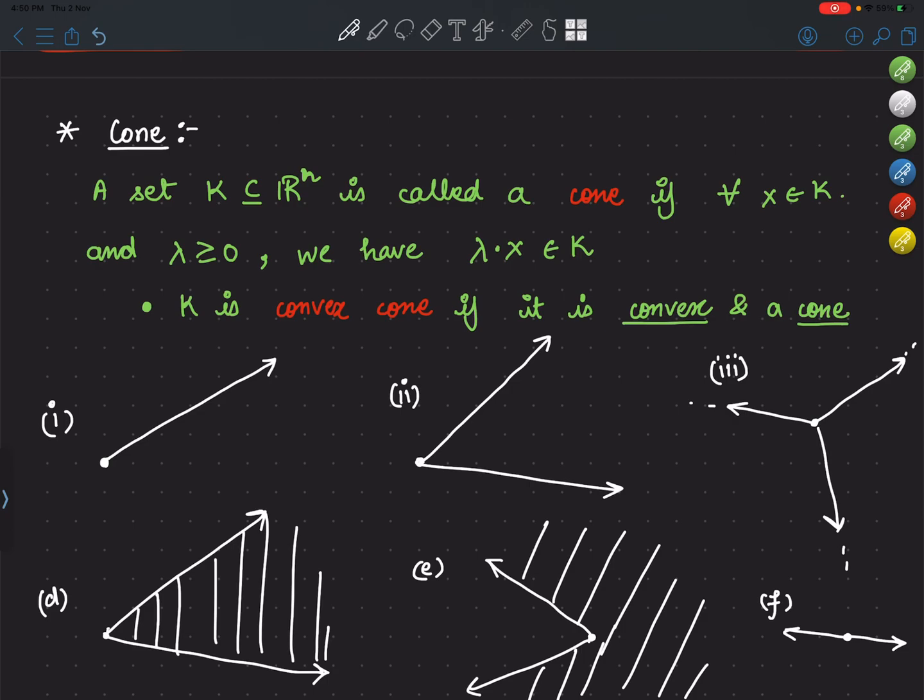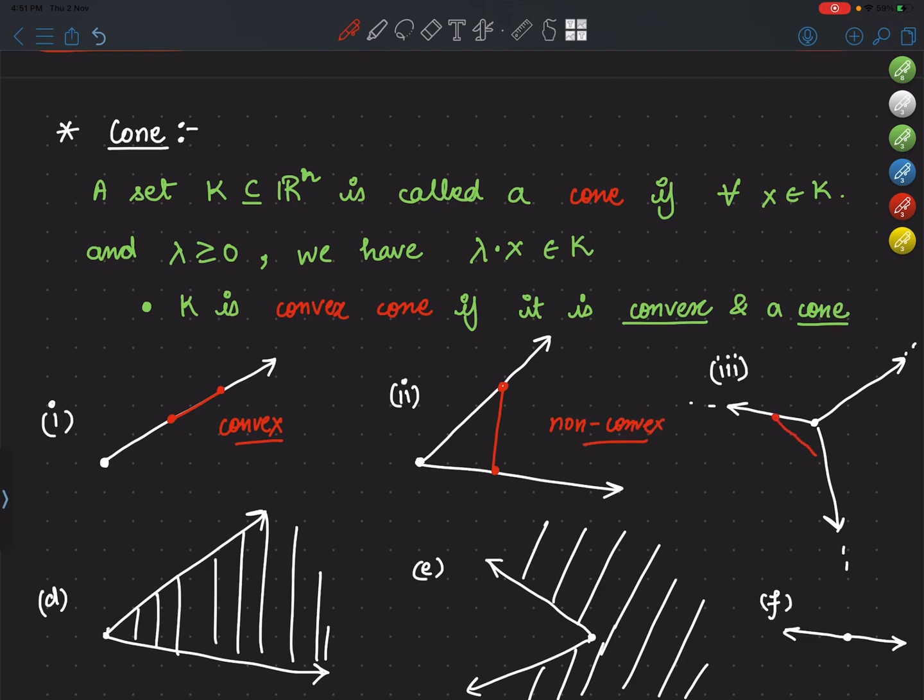But are all these convex? Let's look at this. This is convex because any 2 points you take, the line joining those 2 points also belongs to the set. So this is a convex cone. This is not a convex cone because if you take these 2 points, the line joining the two does not belong to the set. So this is non-convex. Same with this.